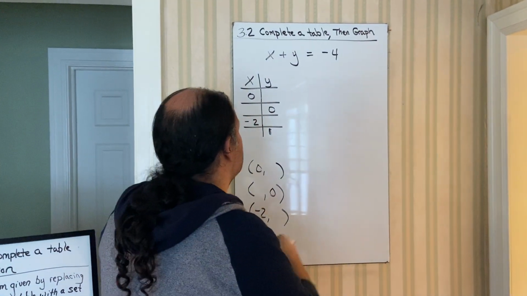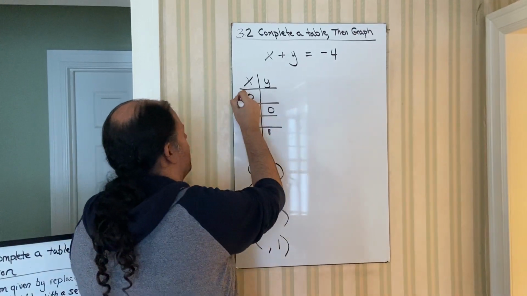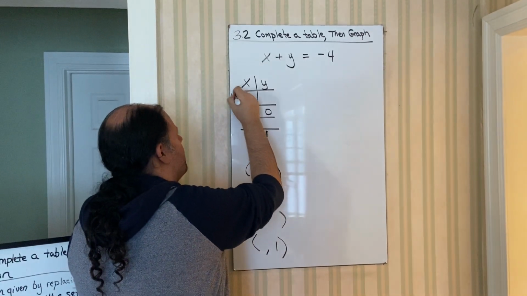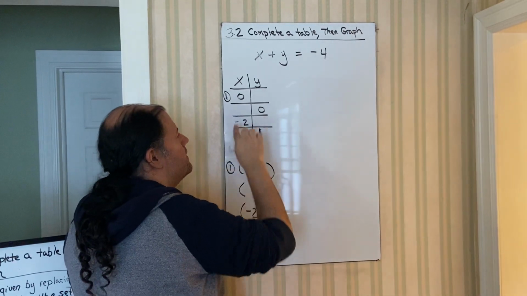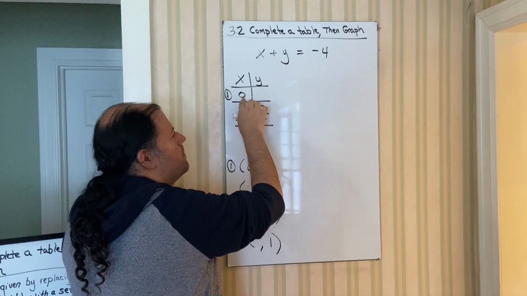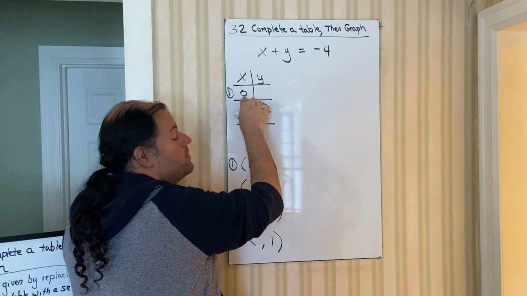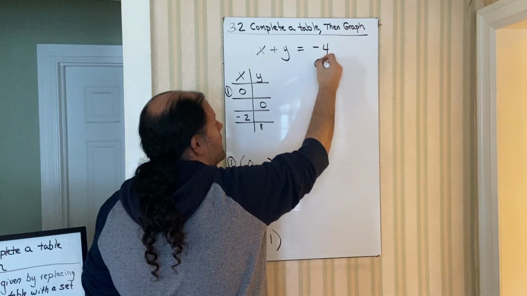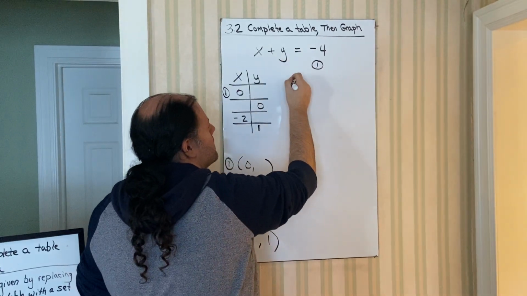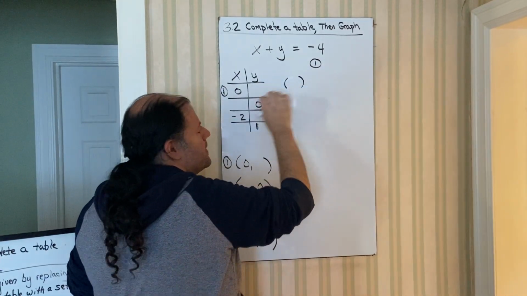Okay? So the first one, every time we see x, we're going to put in a set of parentheses because they gave us x. So when I do number 1, every time I see x, since it's given, put in a set of parentheses.